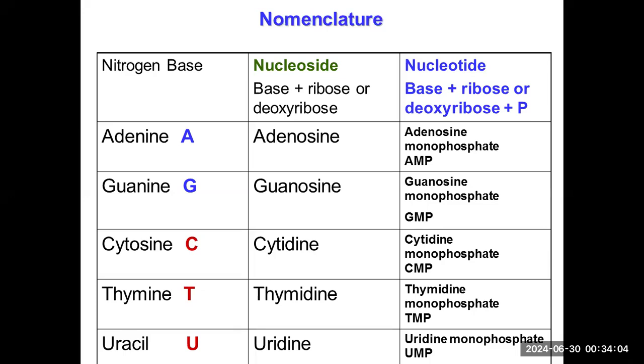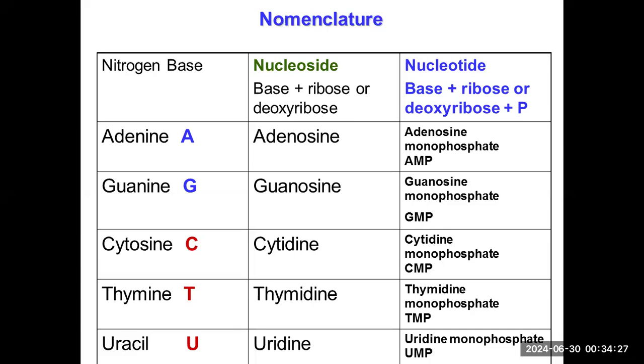For thymine, combination with sugar makes a nucleoside known as thymidine. With one phosphate, thymidine monophosphate, two thymidine diphosphate, three thymidine triphosphate. These are the nucleotides.